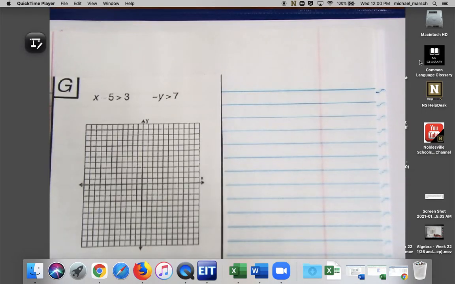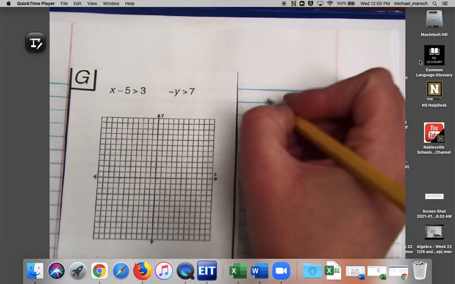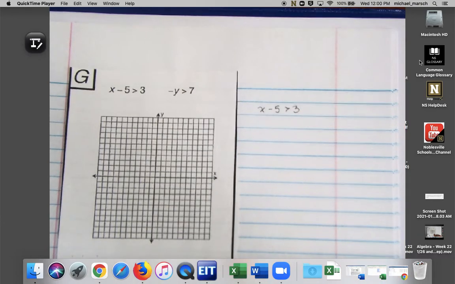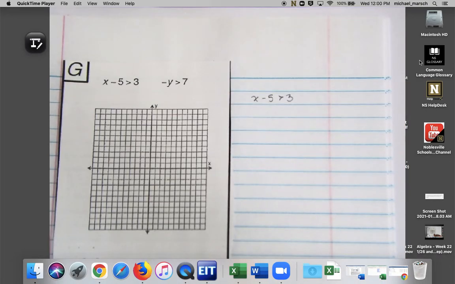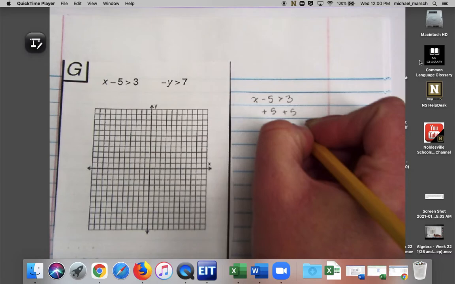Okay. So let's look at our first inequality. X minus 5 is greater than 3. I need to fix this, so I'm going to add 5 to the other side, and I have x is greater than 8.